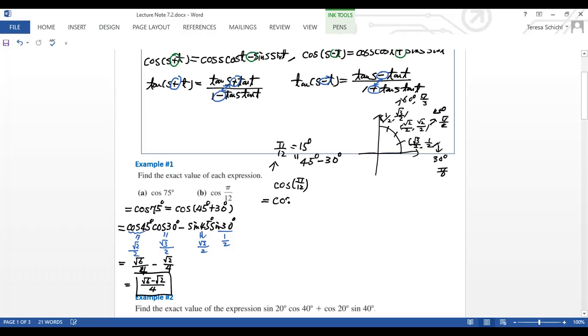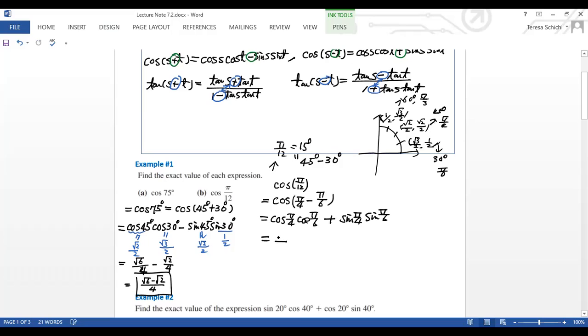So this is cosine of pi/4 minus pi/6, since 45 is pi/4 and 30 is pi/6. Now I have cosine cosine, cosine pi/4 cosine pi/6. Here's a minus, so I have a plus: sine pi/4 sine pi/6. Now I change everything using the unit circle.